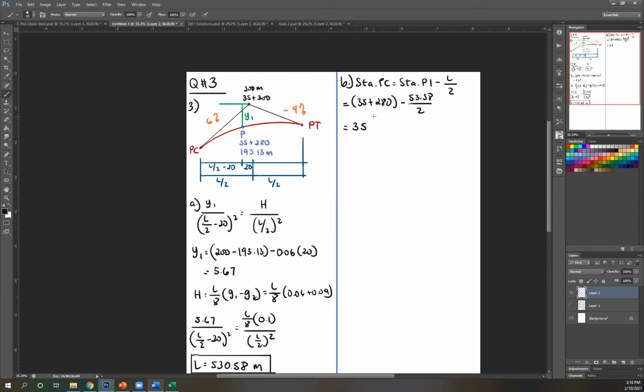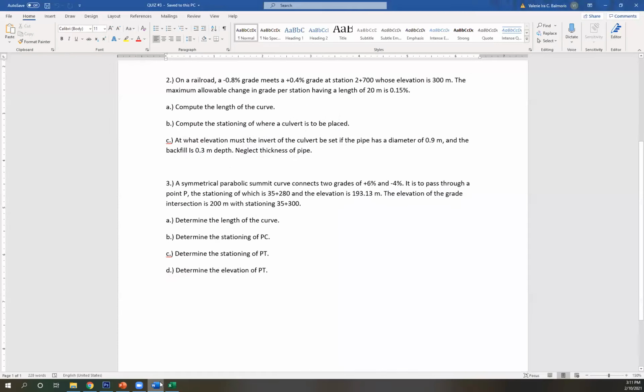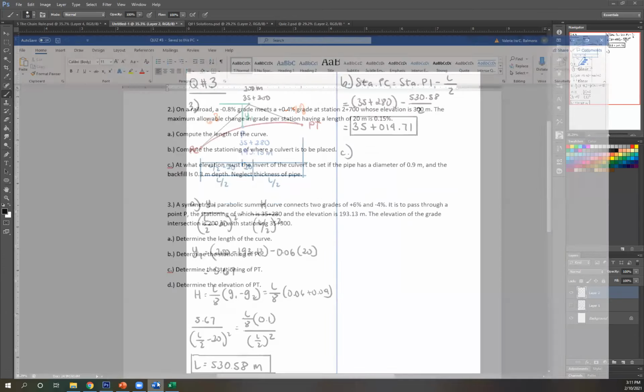Okay, 530. So 35 plus 0.14.71. Okay, next, stationing of PT.